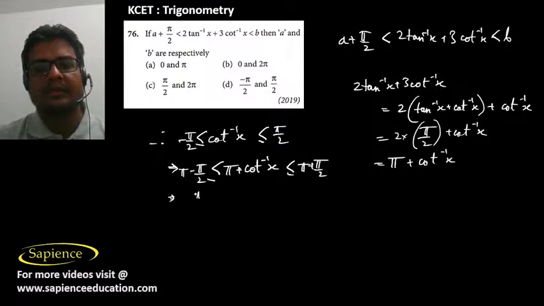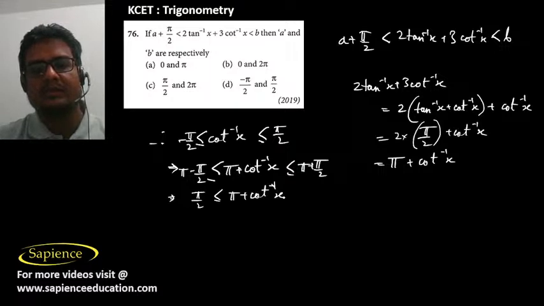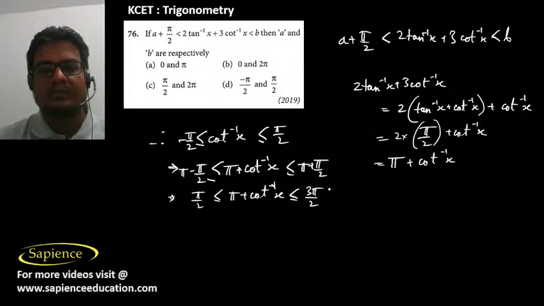This will be pi by 2 less than or equal to pi plus cot inverse x less than or equal to 3 pi by 2. No, sorry, there is something wrong here.